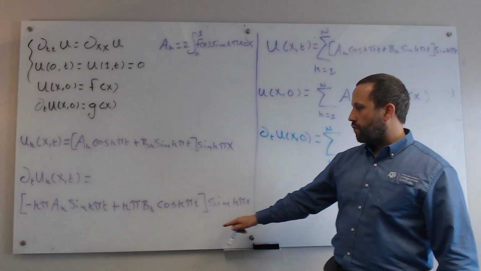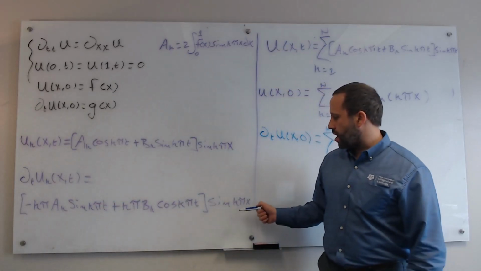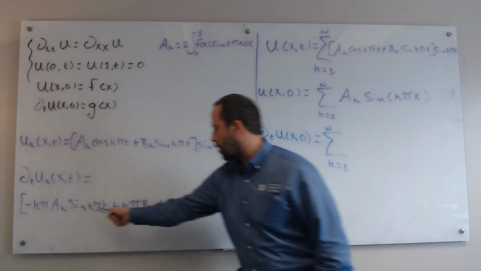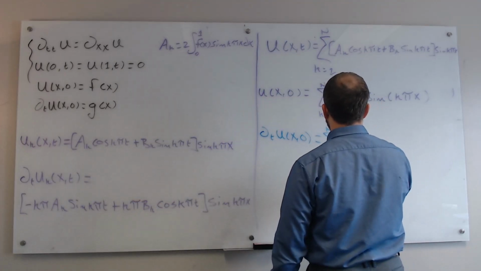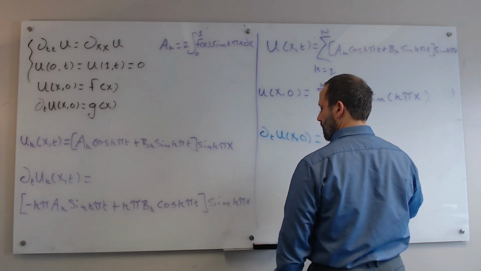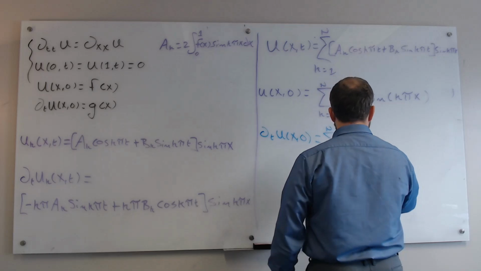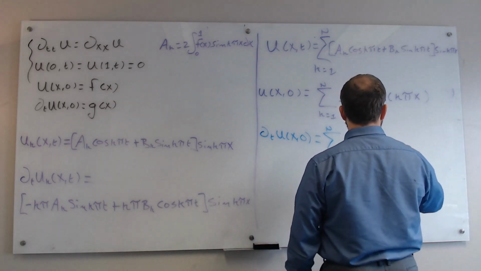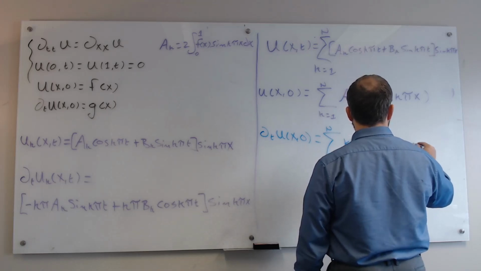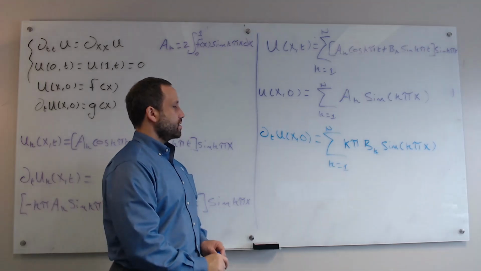So if I look over here and plug in t is equal to 0, this term goes away, and all I'm left with is k pi bk times sine of k pi x. And I want this to be equal to g of x.